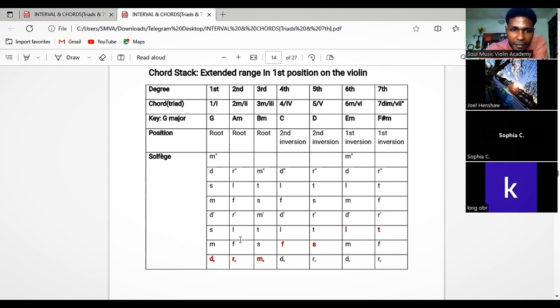Then for your second chord, you have re, fa, la, re. I'm not moving beyond first position. If I was to shift position, I could extend and go beyond those notes, but I'm stopping within the first position. All right.